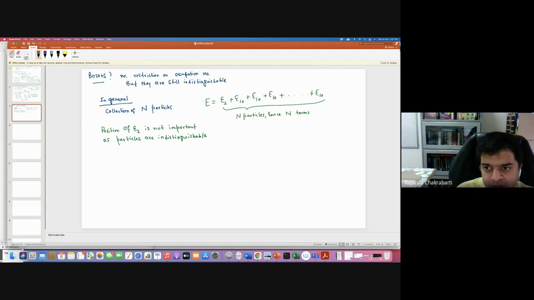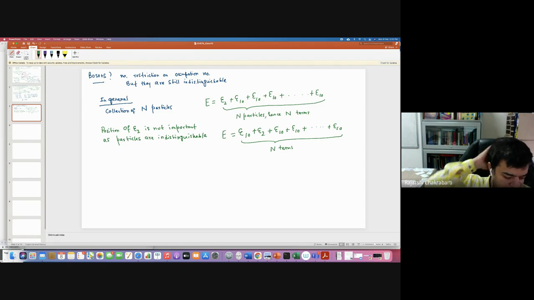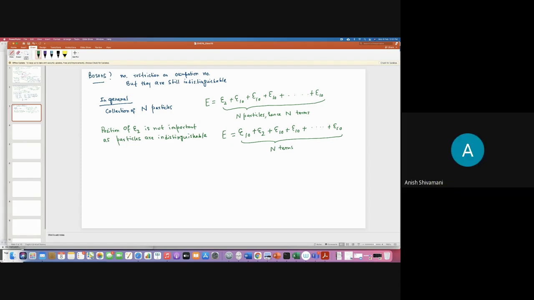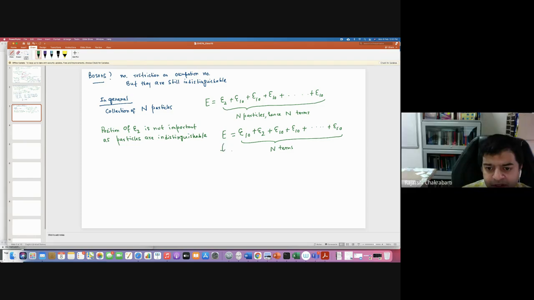So if I write like this, the energy of that particular state, I can always write it like this. And the same terms are there. But can I distinguish between these two energy states? No, sir. It represents the same state.